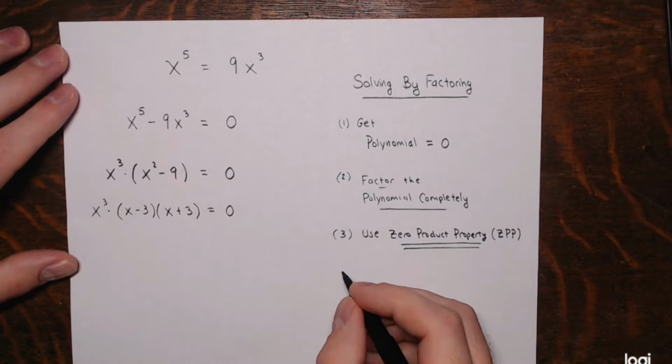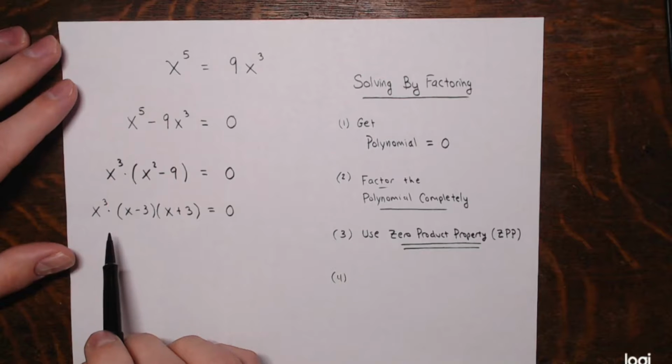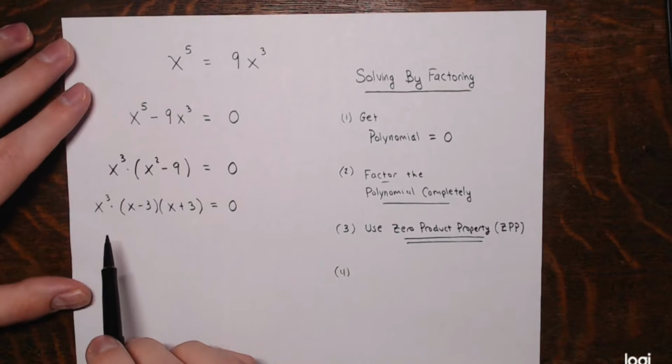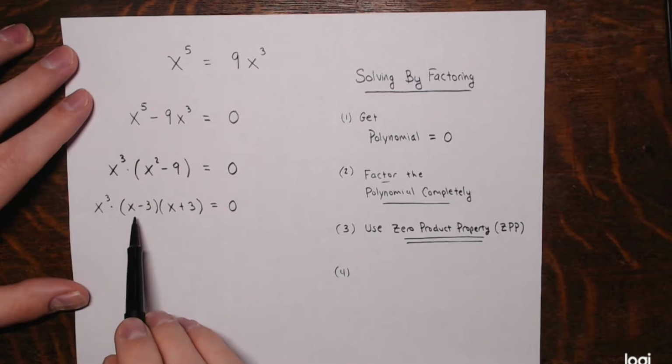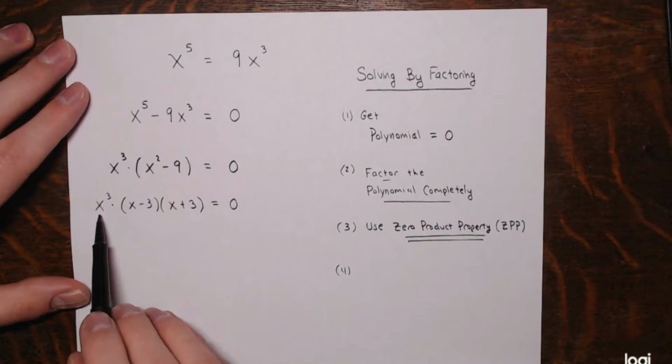And then of course solve and check. But remember the zero product property, I'm not going to write it, I'll just say it. If you have a product equal to 0, like I have here, then at least one of the factors has to be 0.